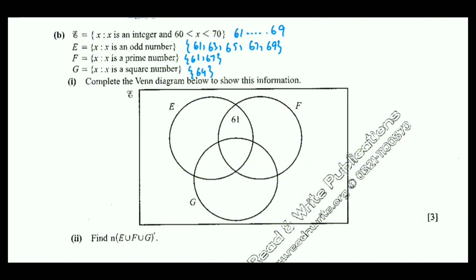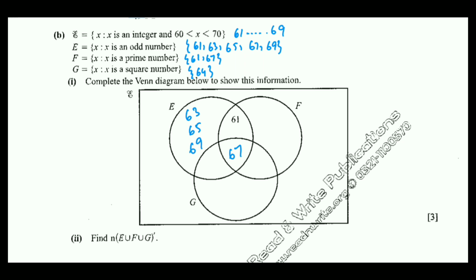As you can see, 61 and 67 are the intersection of E and F. So 61 and 67 are the intersection values of E and F. 61 is already written. You will write here 67. This is the intersected part of E and F. So we will write it here. Remaining E values, just exclude 61 and 67 from the E set. 63, 65 and 69. These three values are left.